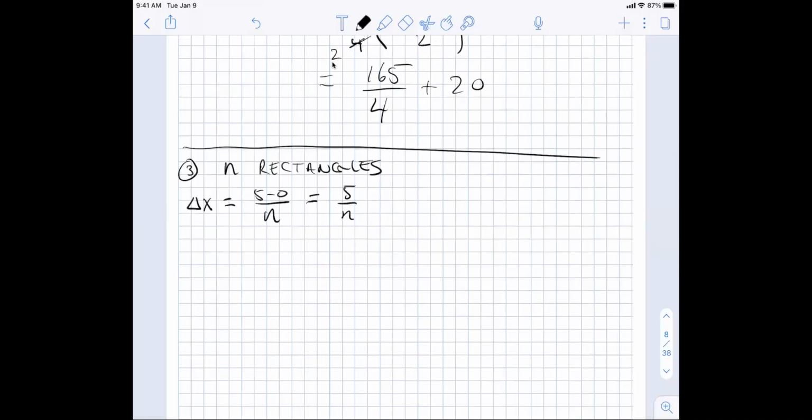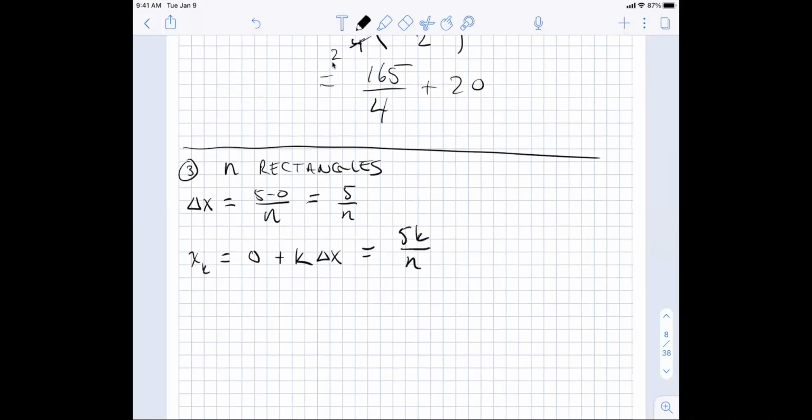Okay. So then what is xk? We need to know what xk is. Well, again, xk is when we've taken k steps away from 0. So it's going to be 0, and in general is whatever the left endpoint is. But here that's 0 plus k steps away of delta x. So 0 plus k times delta x for this case. So what's that going to simplify to? Perfect. K times 5 over n, which I'm going to write as 5k over n.